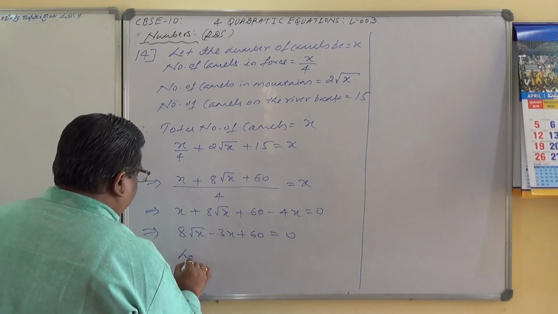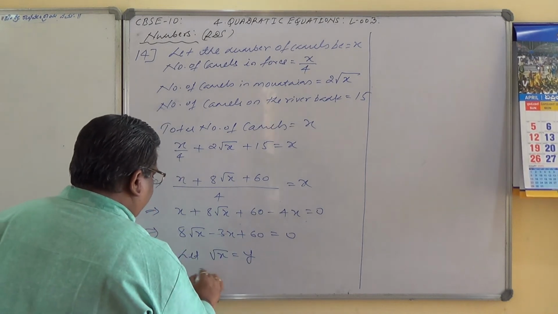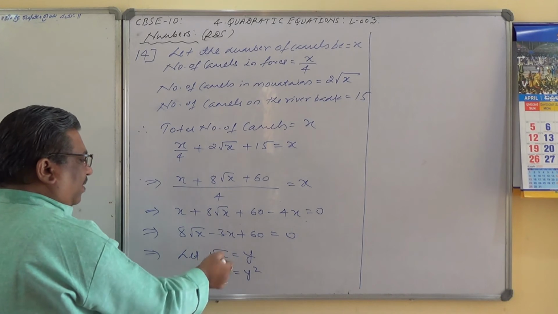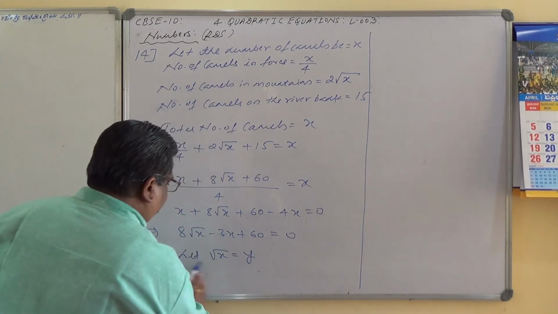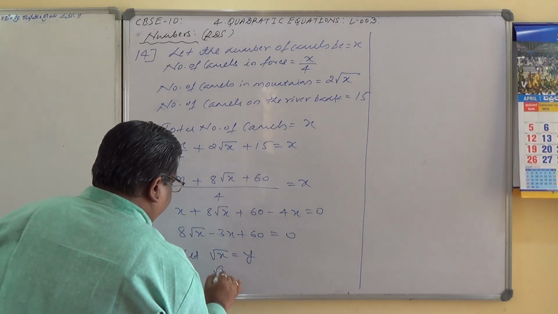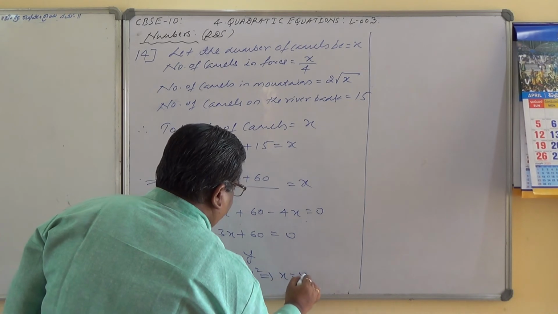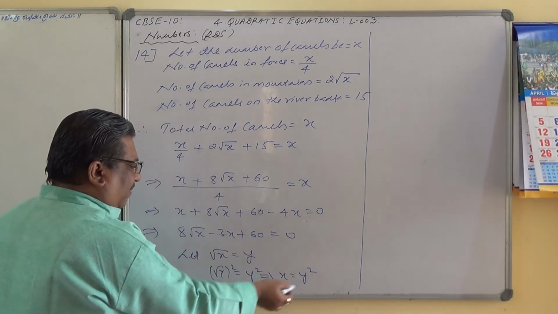Let us assume root of x equals y, which implies x equals y square. You take the square of this one, you get y square. I think you are not understanding here. Taking the square of this, it is equal to y square, which implies x equals y square. So wherever x is there, I am writing y square here.